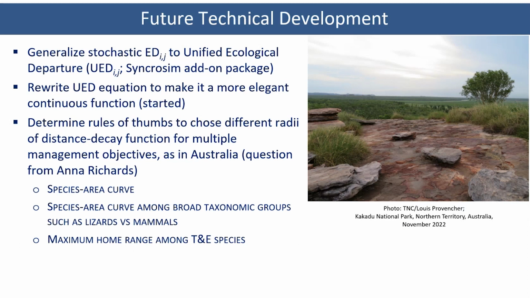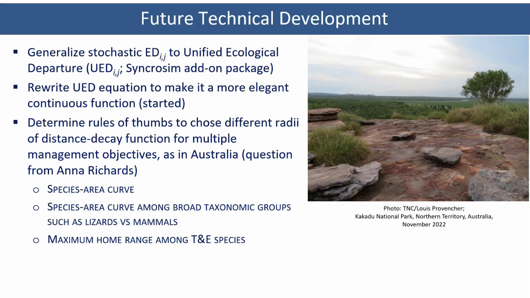Also, Anna asked me, what happens if you're in Australia and you have like 50 species, each with their own home range? How do you pick a home range for your moving window? I didn't come up with the answer, she did. The species-area curve, Preston, 1952, the famous Charles Preston, proposed a species-area curve. It's one of the strongest relationships in ecology.